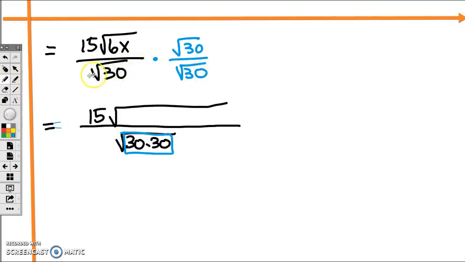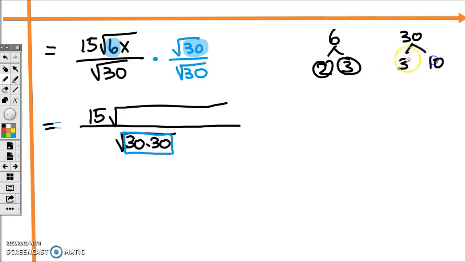That's the reason why we multiplied it twice at the bottom, right? So now let's see what happens on top, though. We have 6x, and you know what? I gotta make sure everything is factored again on top. The 6 and the 30. Yes. So 6 is 2 times 3, and 30 is 3 times 10, and 10 is 2 times 5.